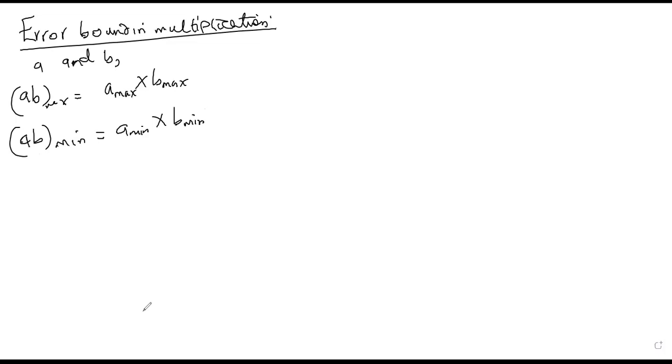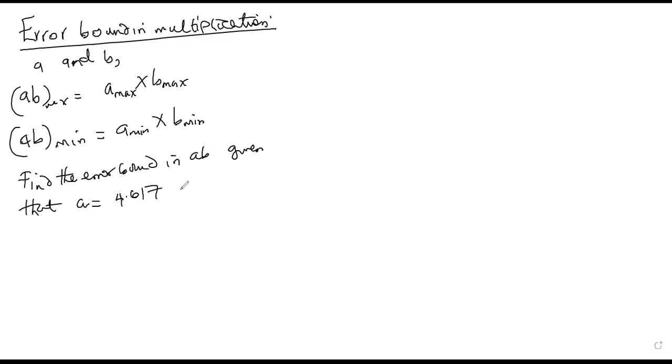For example, I can say find the error bound in AB, given that A is equal to 4.617 and B is equal to 3.65.